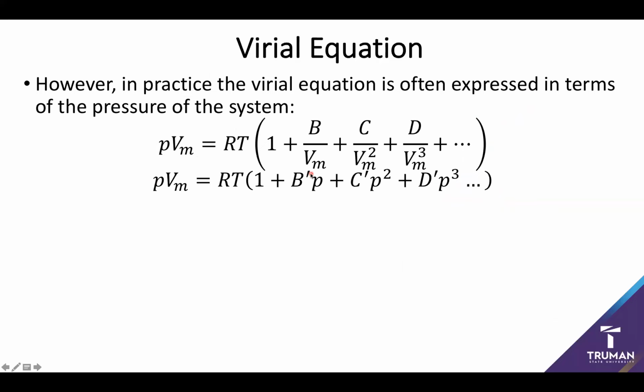One way you can imagine doing this is switching out our molar volume for a pressure term. If the system was ideal, these two would have a simple relation of RT.